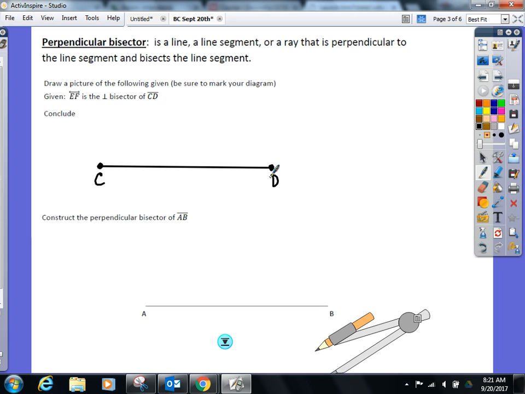Go ahead, draw EF in right now, eyeball it. We don't need a compass and a straight edge yet. Draw in line EF right now. Show me it's perpendicular, show me it bisects by putting on the correct markings. Let's do this.